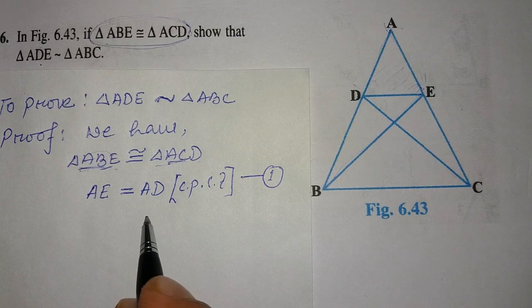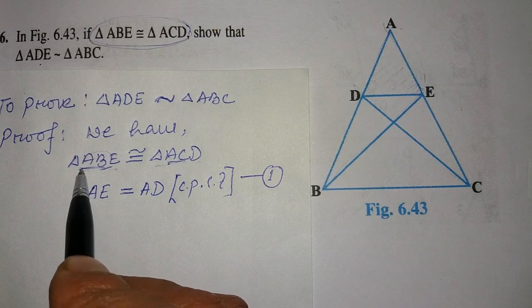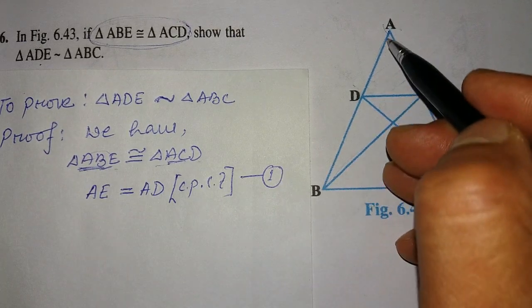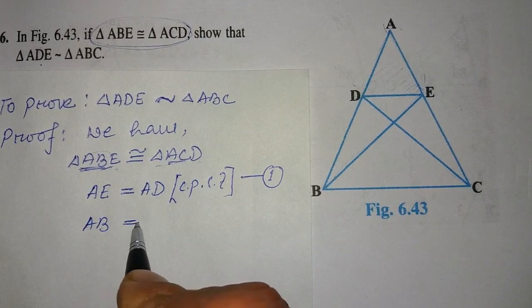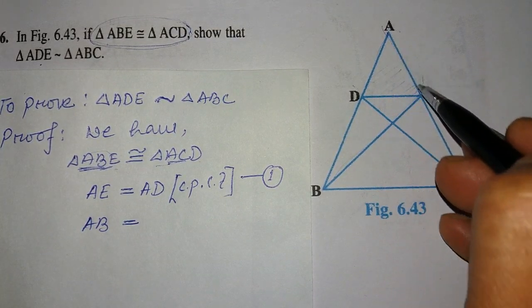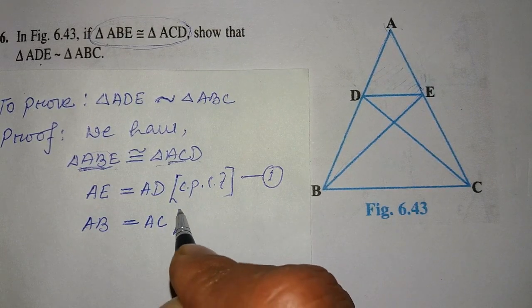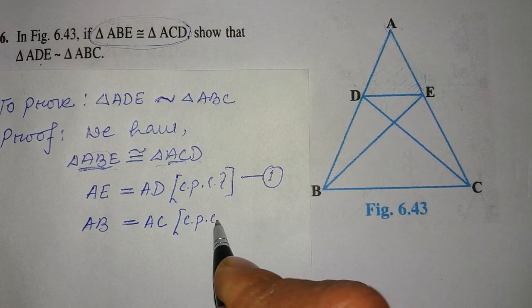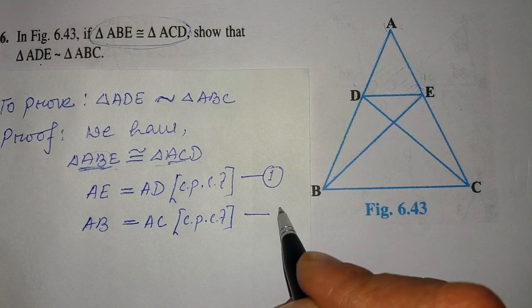And the longest side of the first triangle is AB, and the longest side of the second triangle is AC, so AB is equal to AC. Let's say this is equation 2.